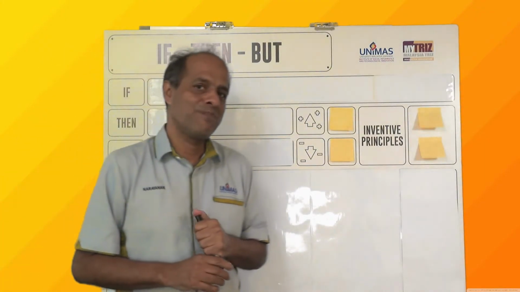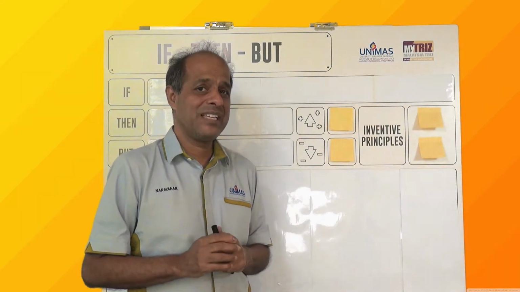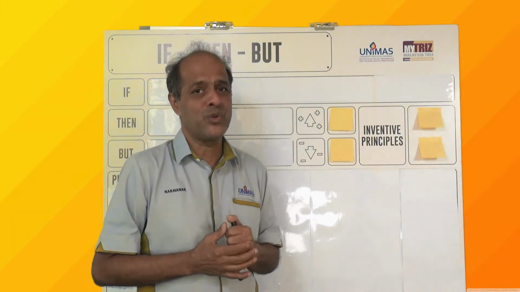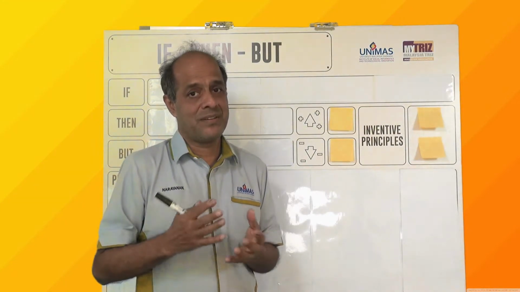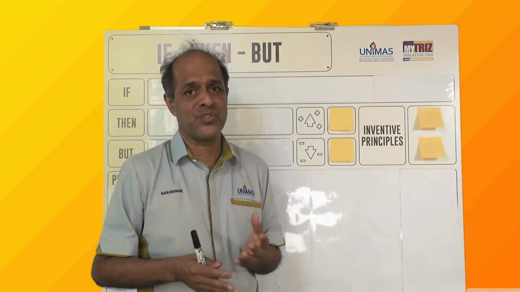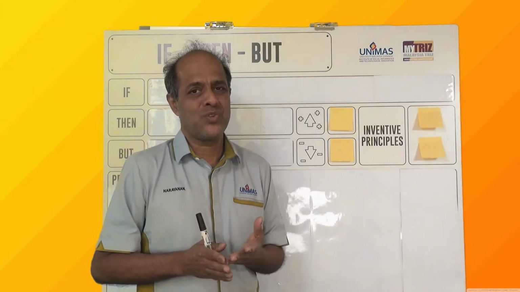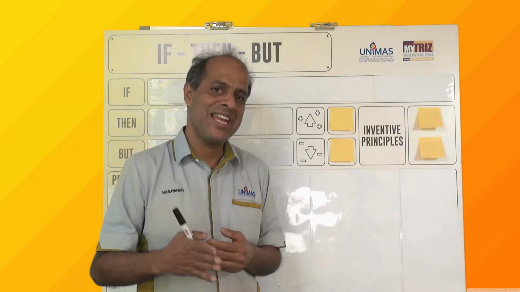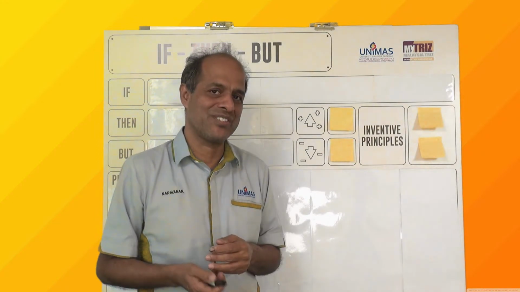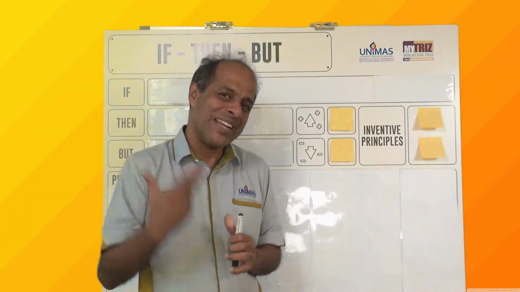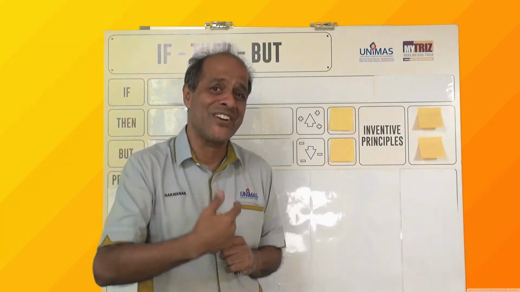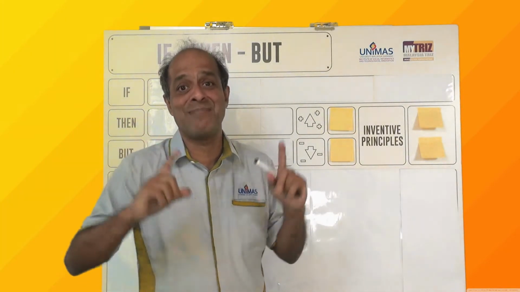So engineering contradictions is an important tool in TRIZ, though it is extremely simplistic in use. It allows us to not evade or avoid contradictions, but to welcome contradictions in such a way that we know once we are able to represent an engineering contradiction, we know that it can be solved.